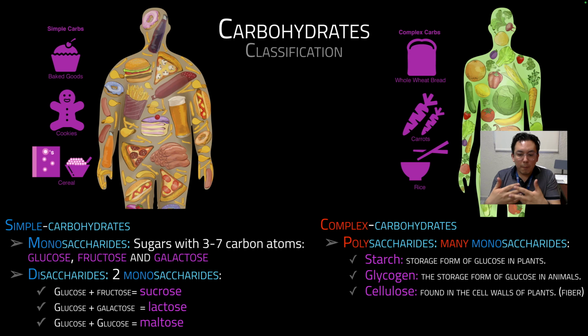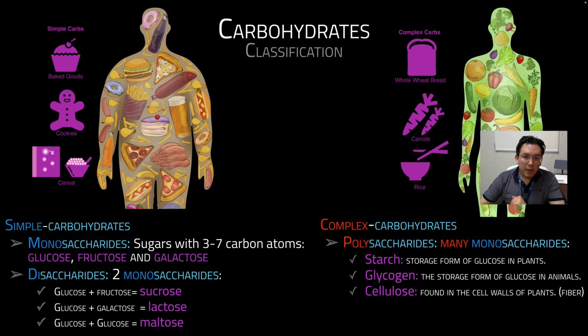Because they take longer to digest and get into our system, it's less probable that our blood sugar will spike. It takes longer for this carbohydrate to digest, and because of that, we can go for extended periods of time without feeling hungry.